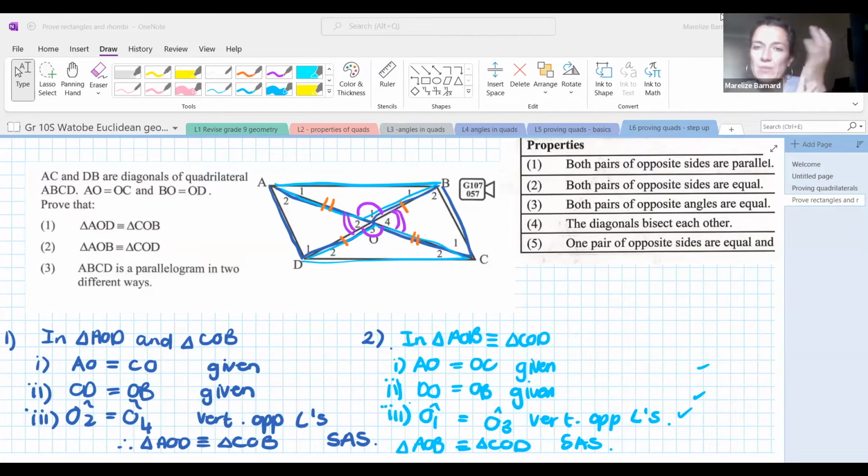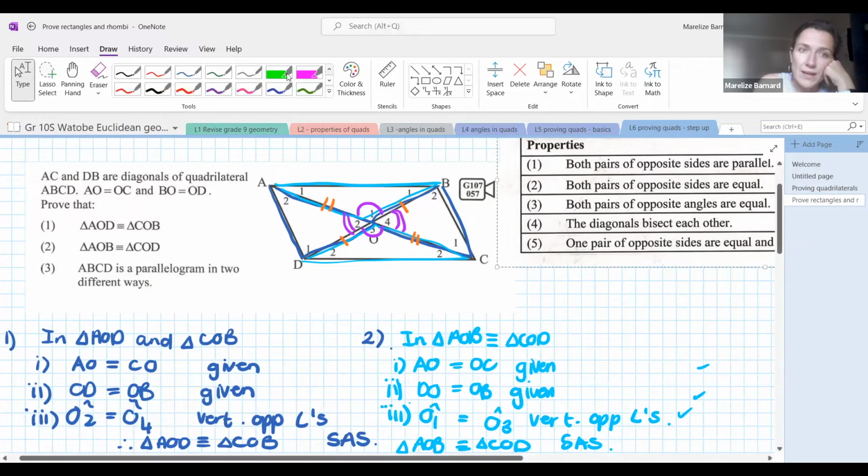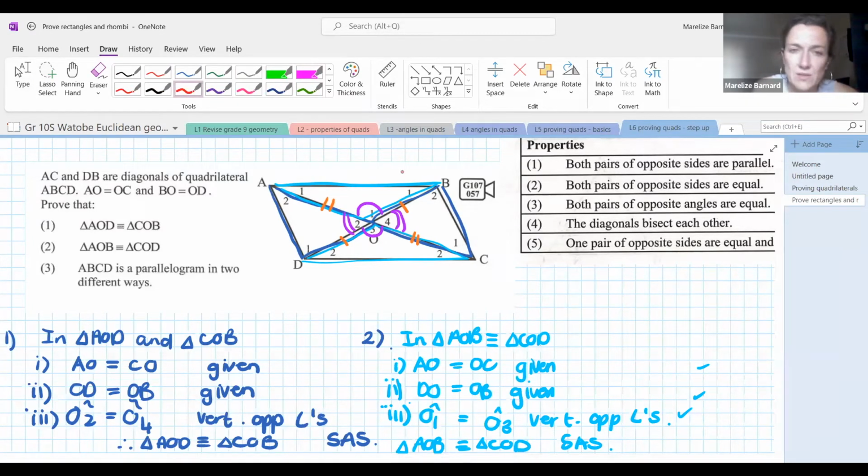Okay, so can we say both pairs of opposite sides are parallel? Now, remember, congruency is a powerful thing because it gives you so many things that are equal. So I'm going to make in red those things that we get because of the congruency. So B1 will be equal to D2 and C2 will be equal to A1.